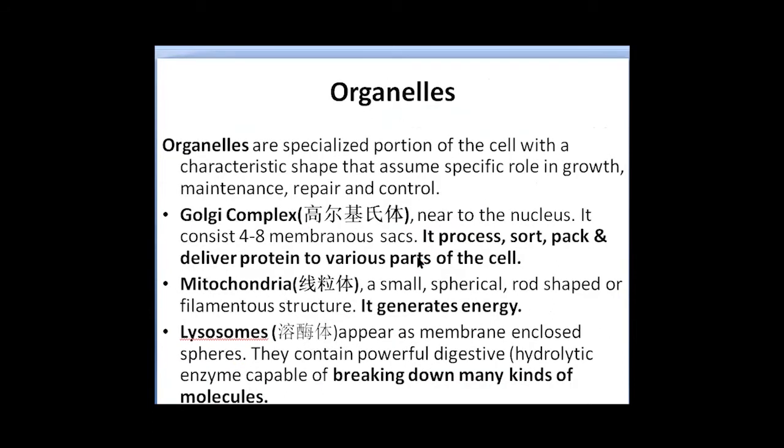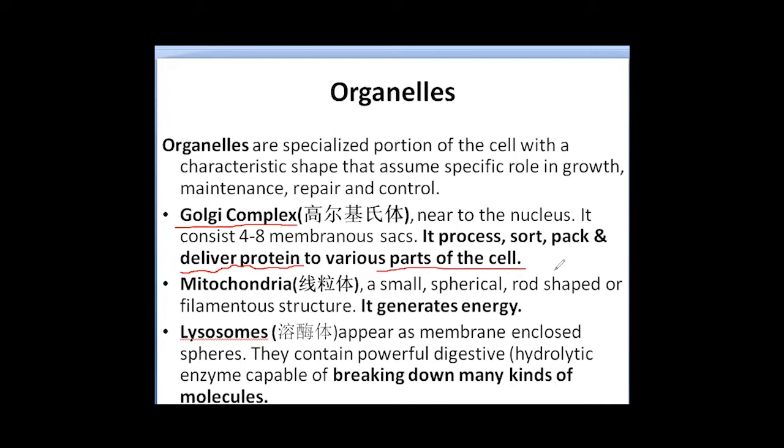Then we're talking about some small organs there. We'll pick up some important ones. Golgi complex. It's basically located close to the nucleus, and its function is mainly related to producing protein, which can then form different parts of the cells.